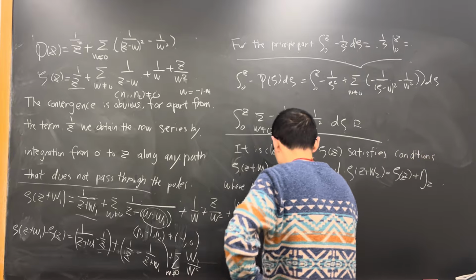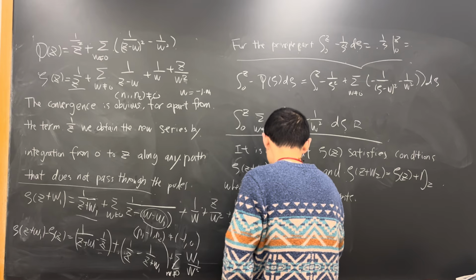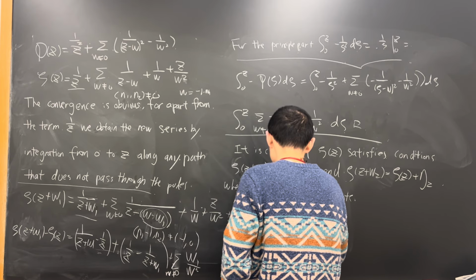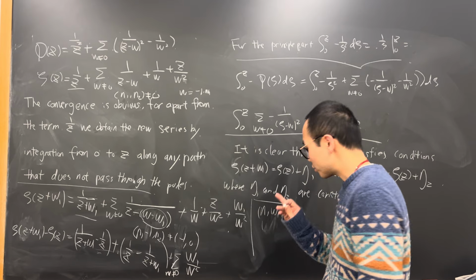So let's try this. Let's take the square of this one. Let's see if there is some feature that allows us to do some calculation here.